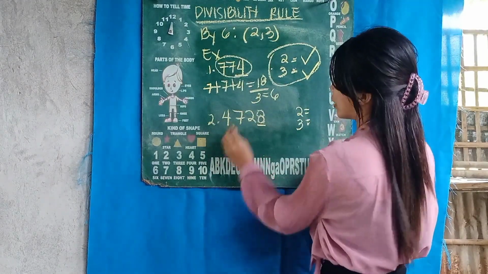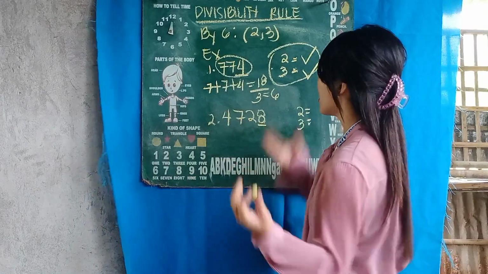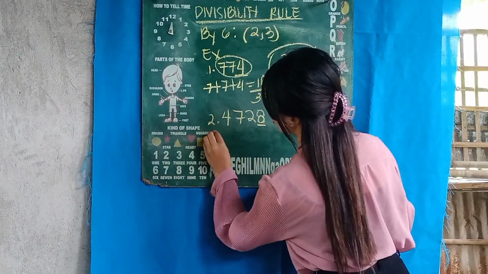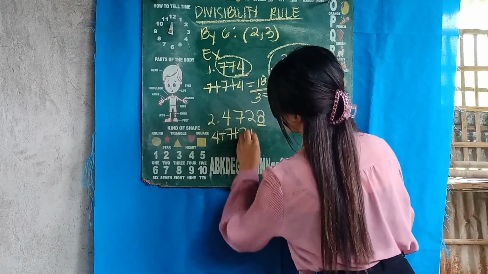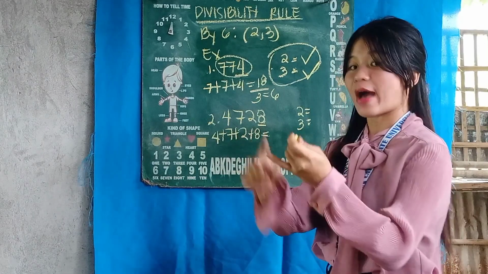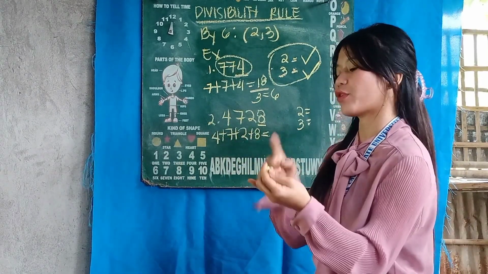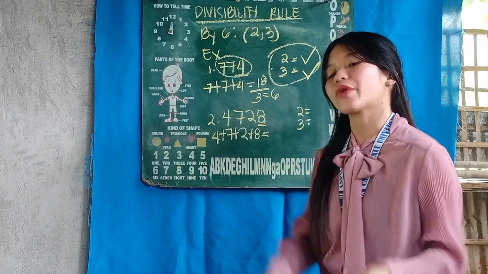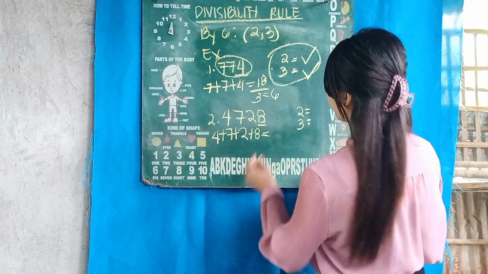I-identify naman natin kung ang 4,728 ay divisible by 3. I-add lang natin. Same process. 4 plus 7 plus 2 plus 8 is equal to what? 4 plus 7, 5, 6, 7, 8, 9, 10, 11. Plus 2, 12, 13. Plus 8, 14, 15, 16, 17, 18, 19, 20, 21.